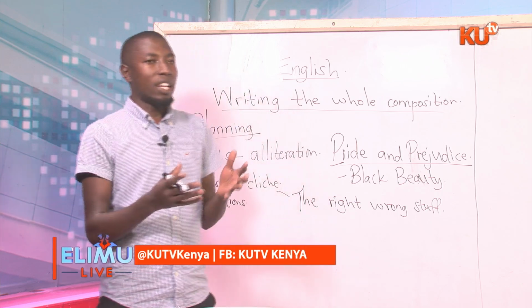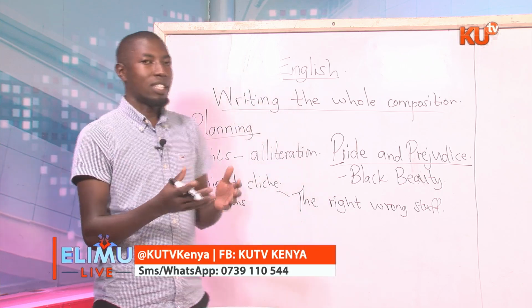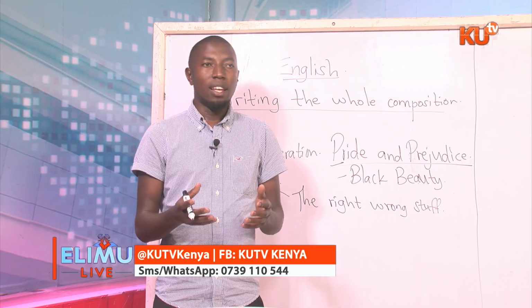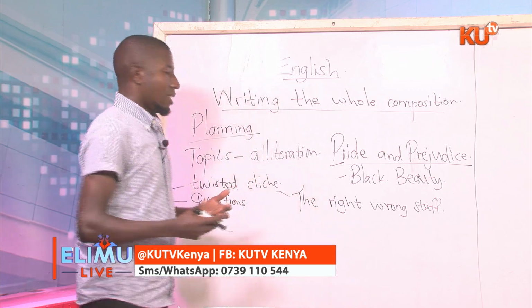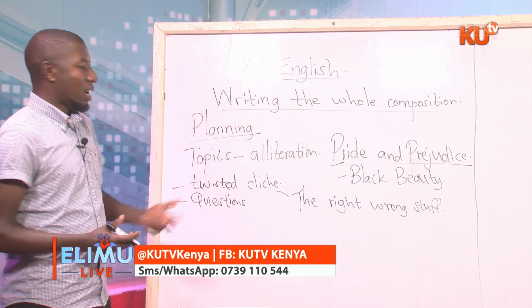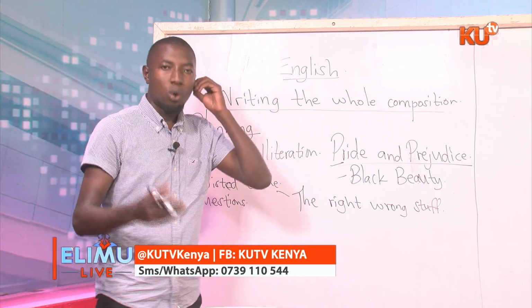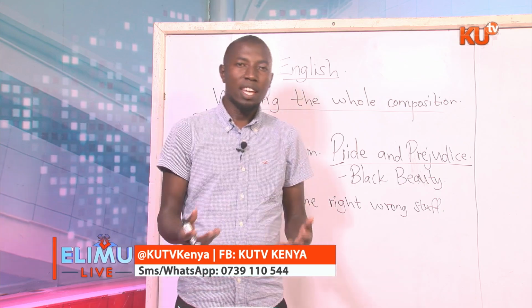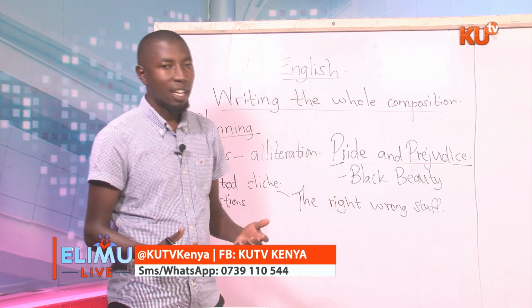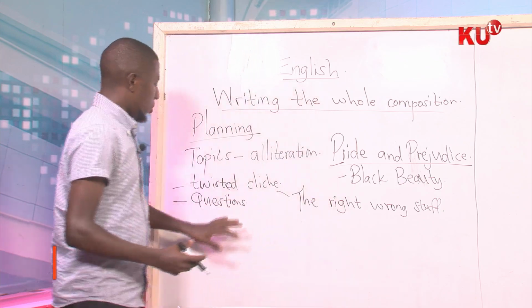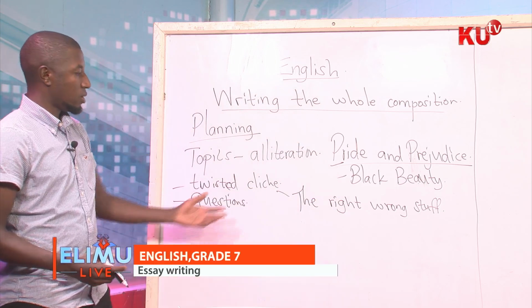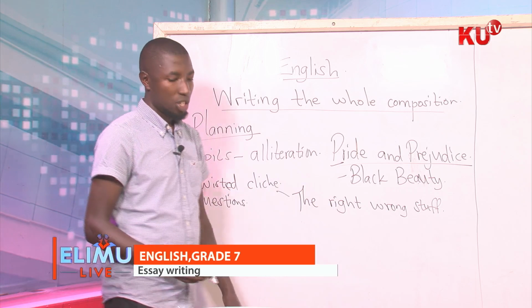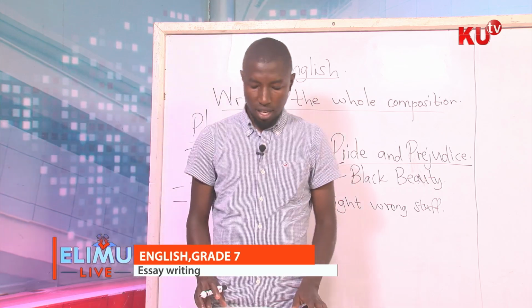So when your reader reads such a title, they will develop curiosity to read the essay to find out who John is, why he died, who killed him, and the reason.